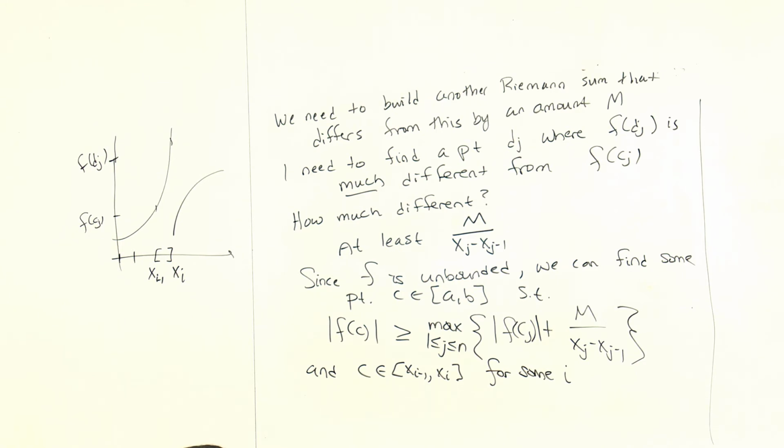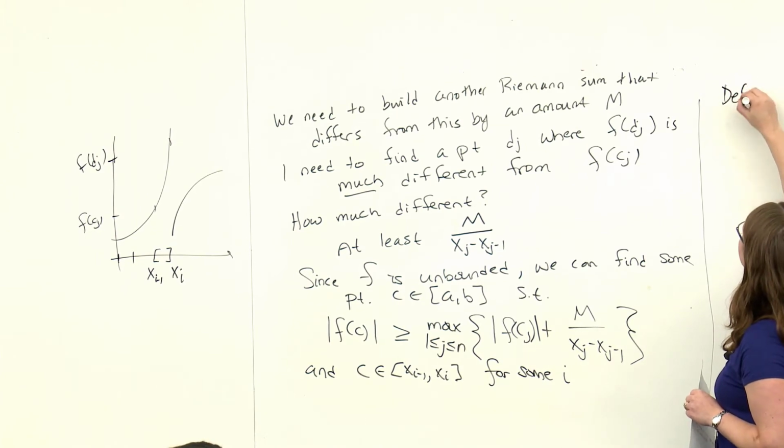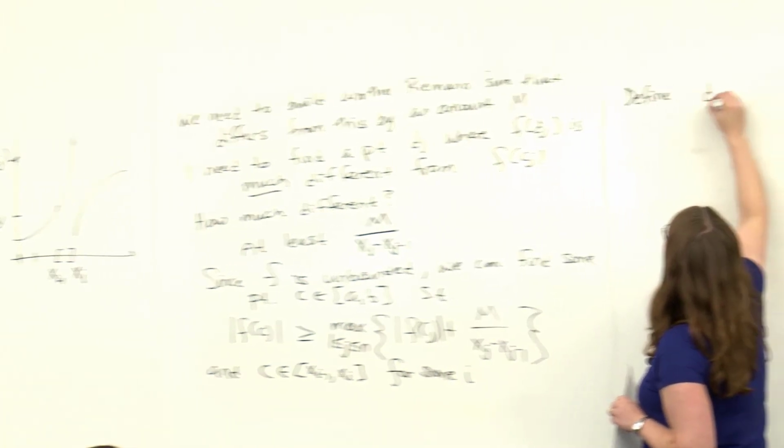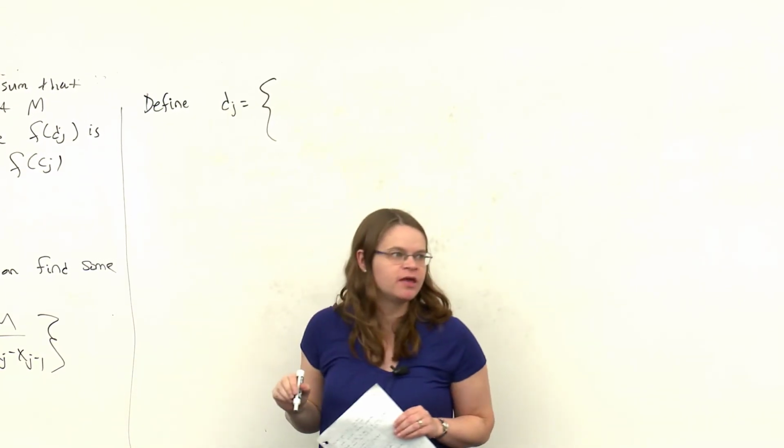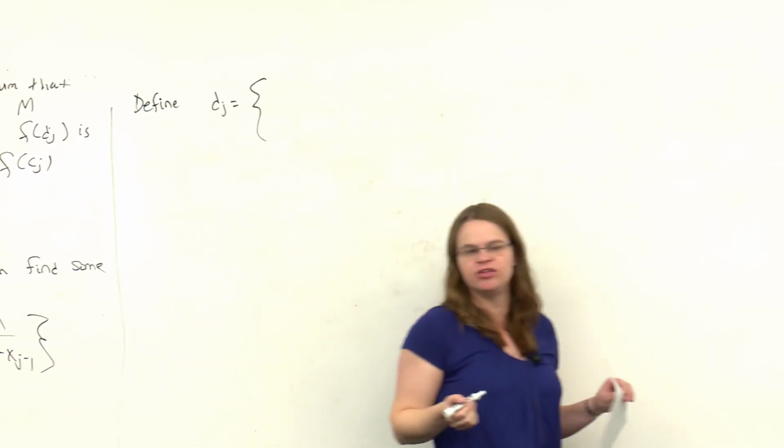Okay, so we're trying to come up with a second Riemann sum that's really different. I don't want to muck with things too much because I want it to be simple to do the estimates. So let's define my dj's now. And I'm going to mostly let them just be the same as the cj's because, again, I want these things to be easy to compare to each other.